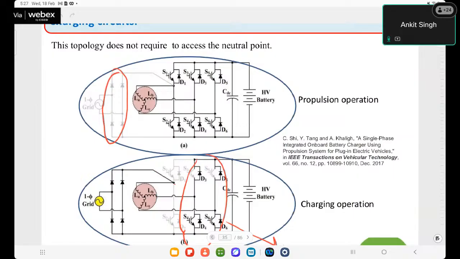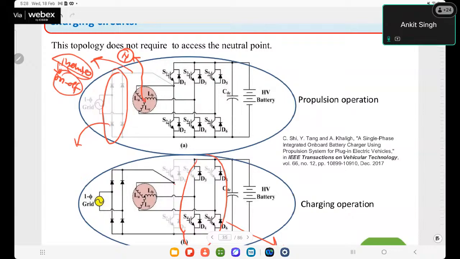This particular configuration will be best in many ways, because we are not accessing the neutral point. We are not utilizing any mechanical switch or on-off switch either. Here I'm talking about switches which are not operating in PWM. It may be mechanical, or even a semiconductor switch used as on-off. That is not used in this particular configuration.